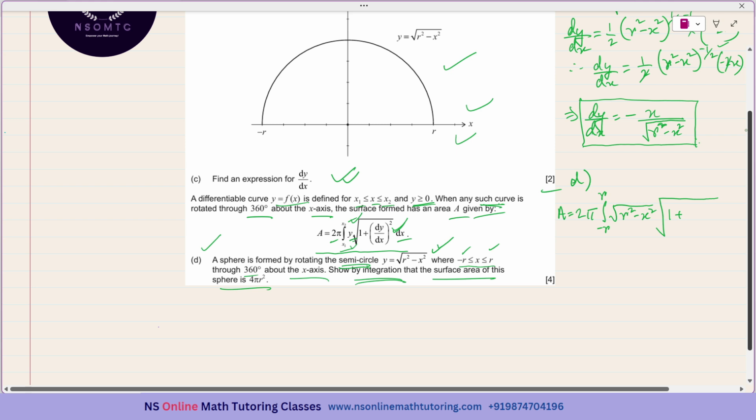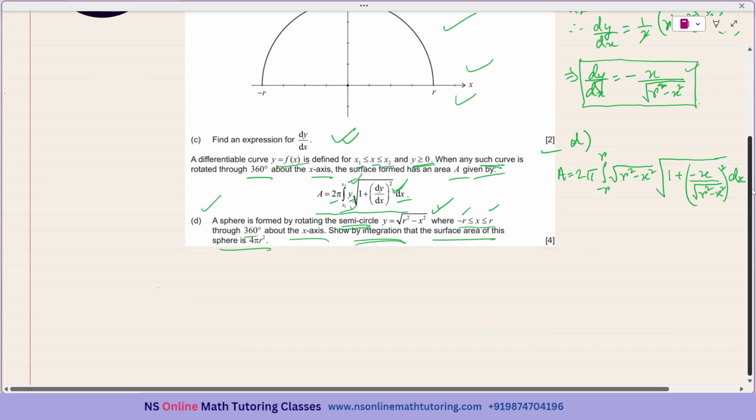What is dy by dx? It is this: minus x over square root of r square minus x square, whole square, and dx. Okay. And we have to integrate.